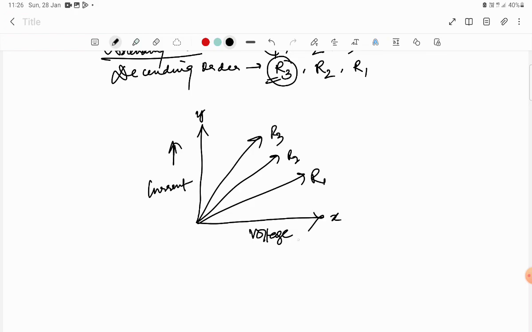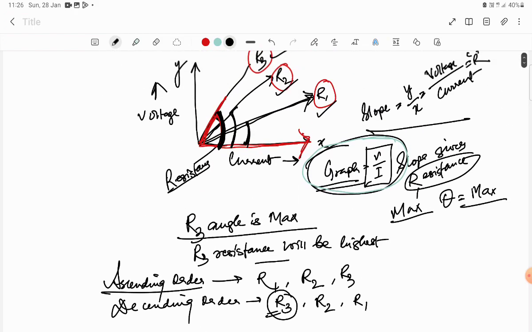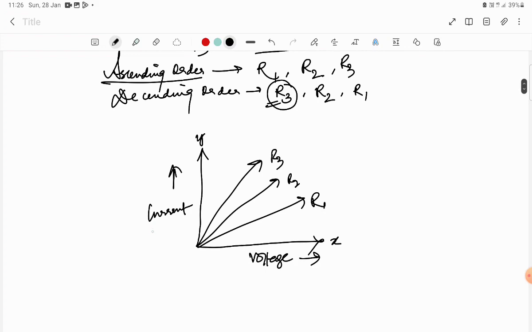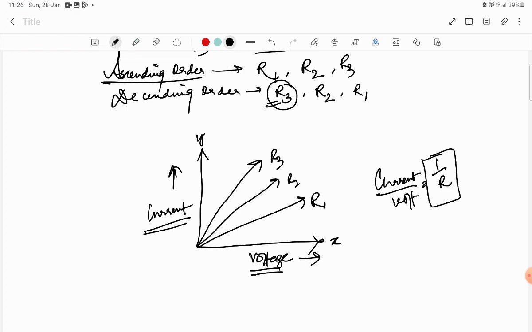So this graph is pretty much opposite to this graph. Here we had current on the x-axis and voltage on the y-axis. Here we have current on the y-axis and voltage on the x-axis. So current by voltage will give you 1 by R. It will always give you the reciprocal of R, 1 by R.